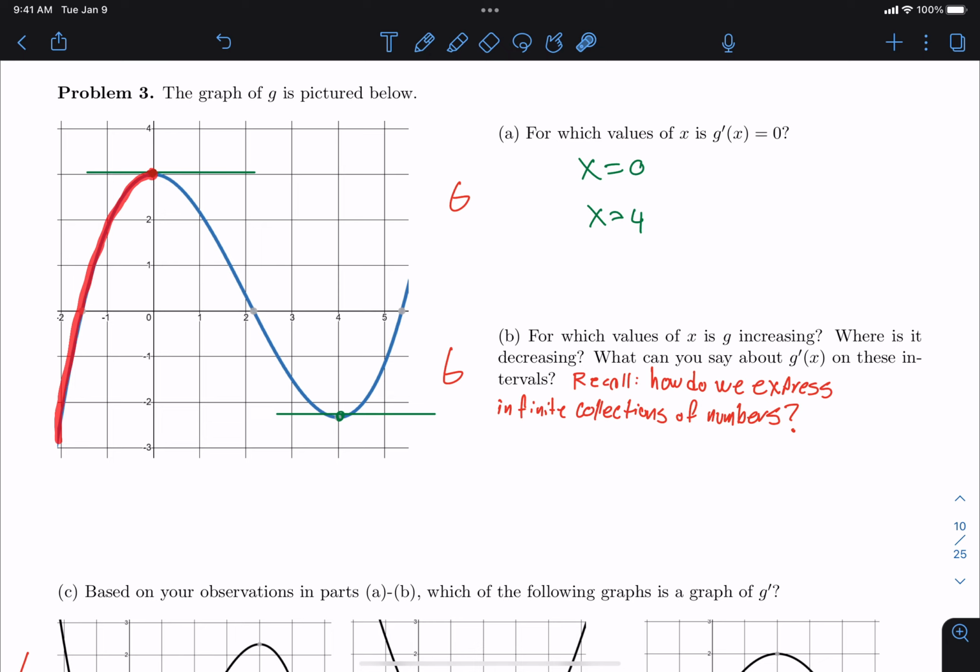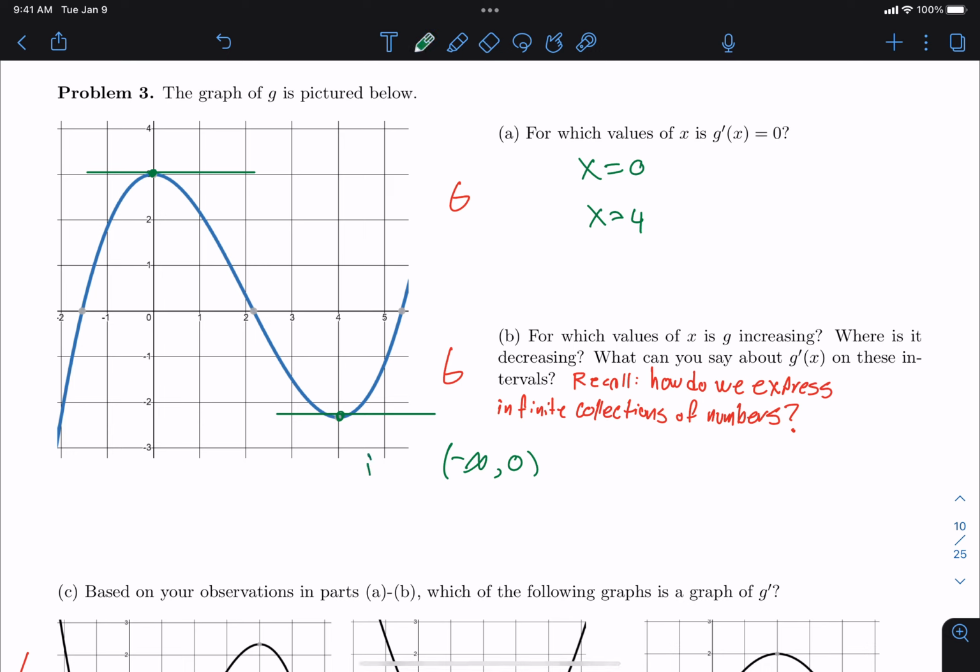These are all the x values which are associated with the increasing part of the graph. So I'm looking to describe all of the x values which go up to 0. So one way you could do that, I would accept two answers here: either negative infinity up to 0, or if you want, negative 2 up to 0. Okay, one of those. But we'll stick with negative infinity.